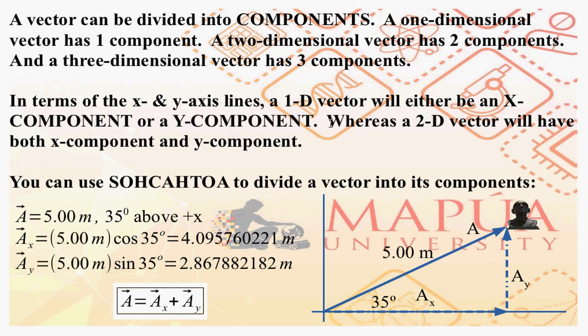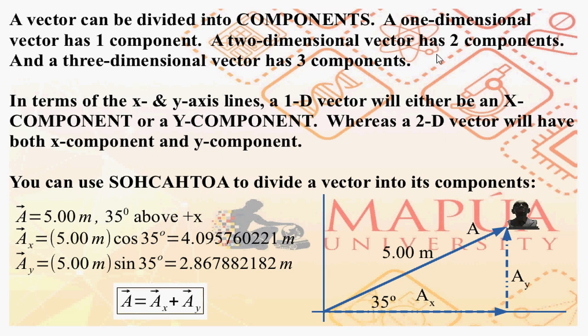A vector can be divided into components. And by components, we're talking about the x component and the y component: the horizontal component, x component, and the vertical component, y component. A one-dimensional vector has only one component, so it's either vertical, it only has a y component, or it is horizontal, it only has an x component.